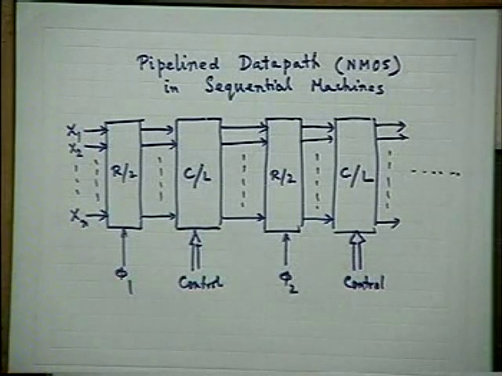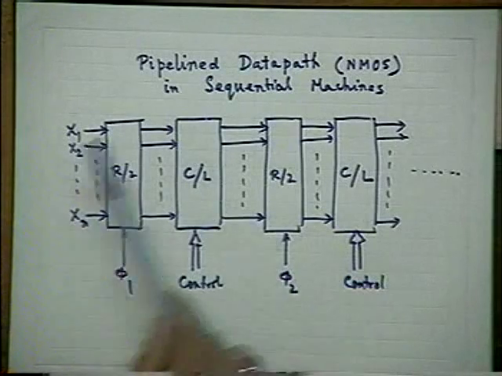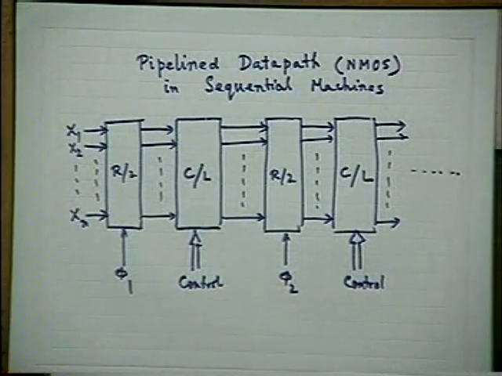So a typical pipeline data path, which is very very common in any microprocessor architecture or any kind of digital circuit, digital ICs, looks like this, where we make use of the half registers interposed between the combinational logic blocks as indicated here. This is for n bit, for sequential machines.